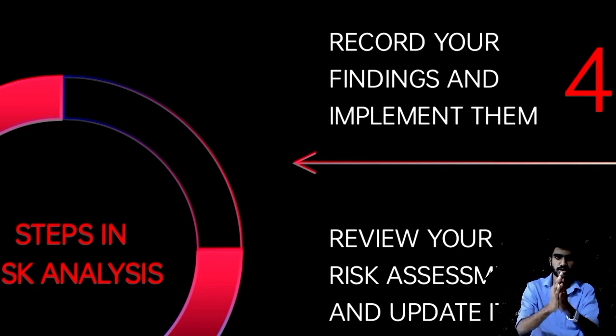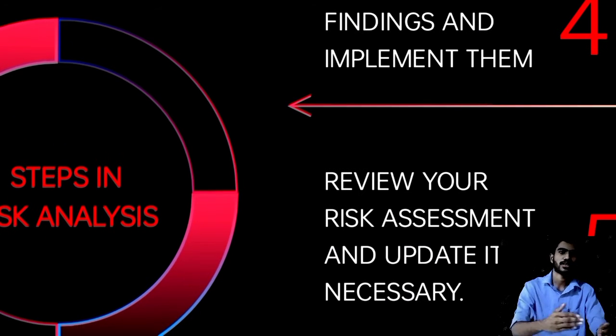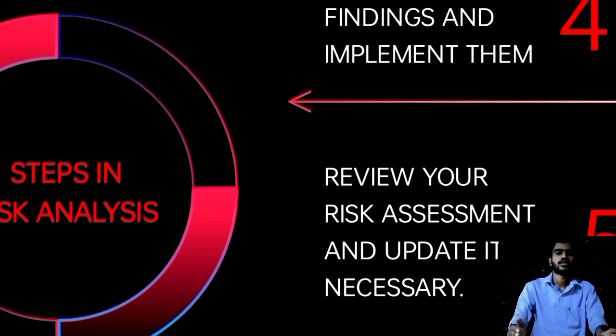And the last and final step in risk analysis is review our assessment and update if necessary. We must review the controls that we have put in place to make sure that everything is working properly. We should also review if they are no longer effective.